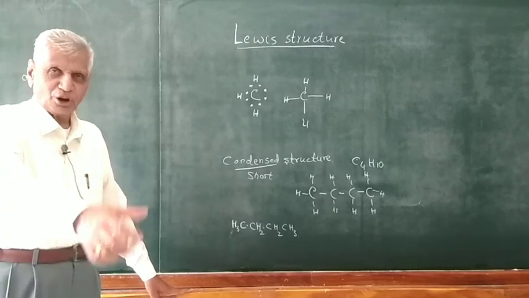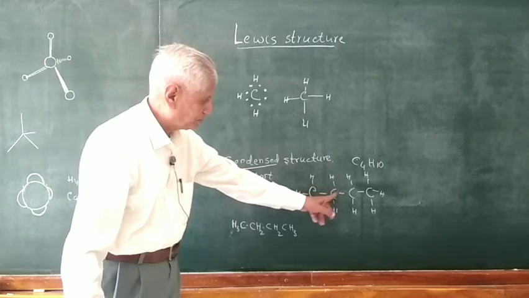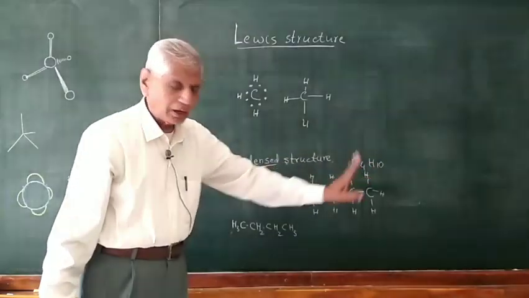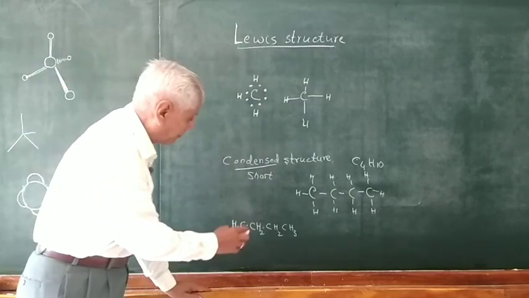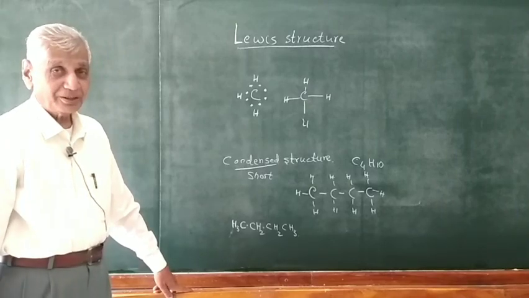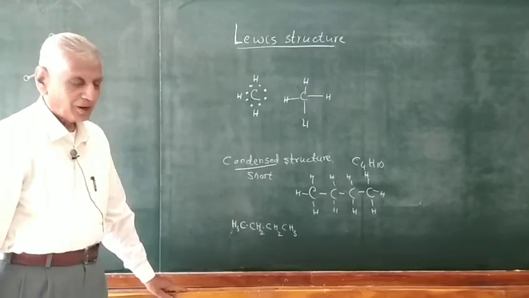So this is called condensed structure, short structure. When you are writing this short structure, you are not writing the bonds. This bond, this bond, this bond, all these bonds are omitted, removed. And this is called condensed structure. Okay? It can be further written in a still shorter form. Can you write this in a still shorter form? How?